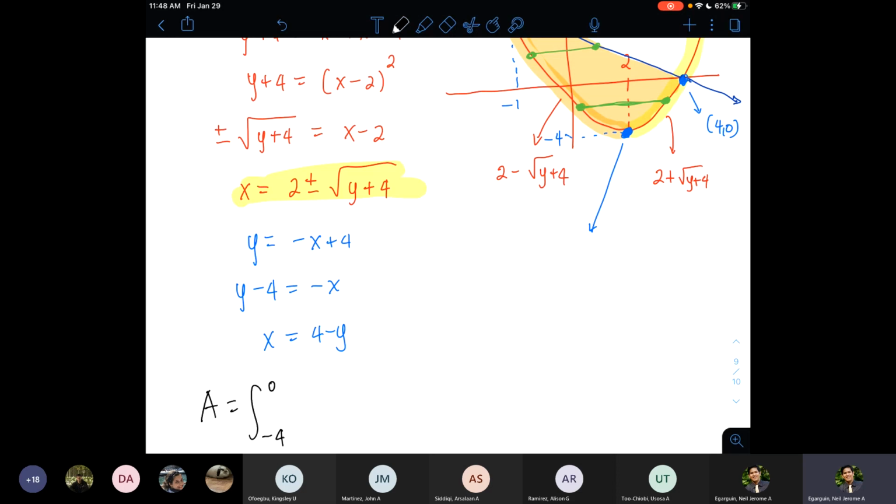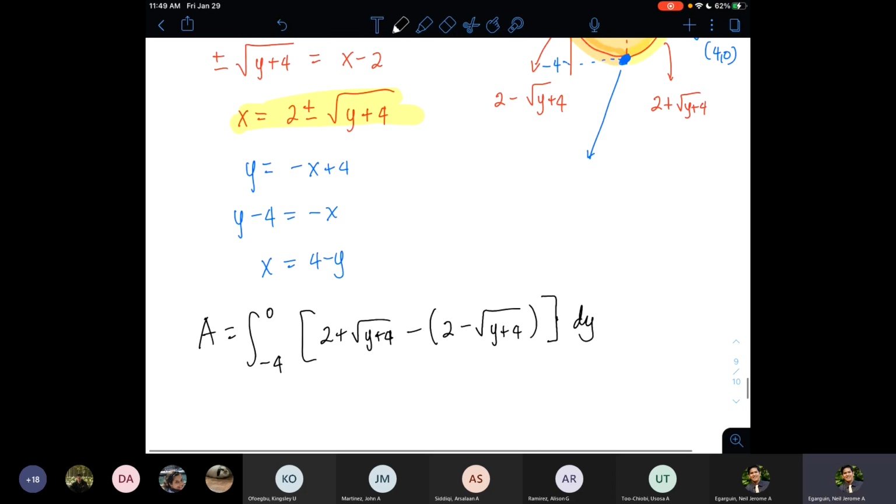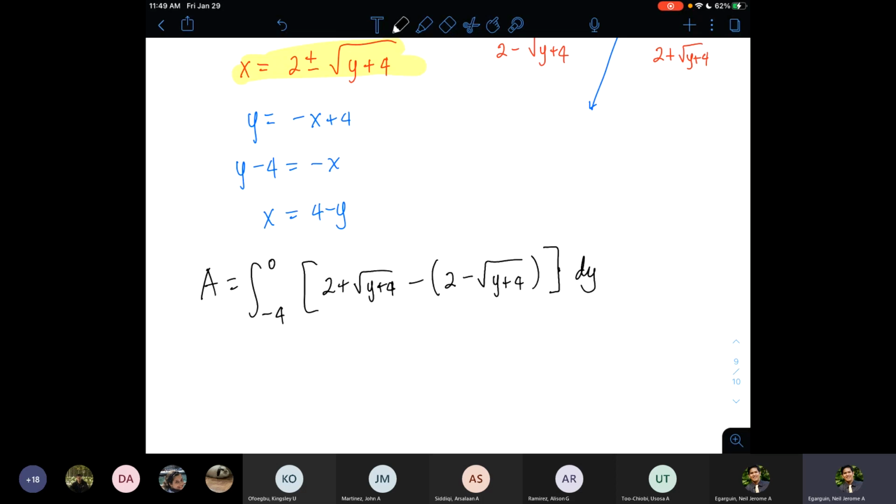So that would be negative 4 to 0 of the right parabola. The right parabola is 2 plus root of y plus 4, minus the left parabola. I'll need to be careful and close the subtrahend inside a grouping symbol, y plus 4, dy, right?